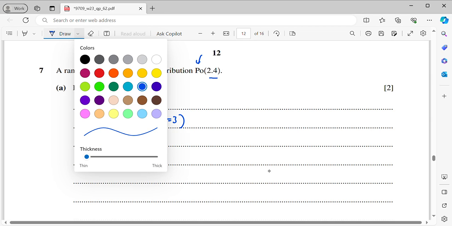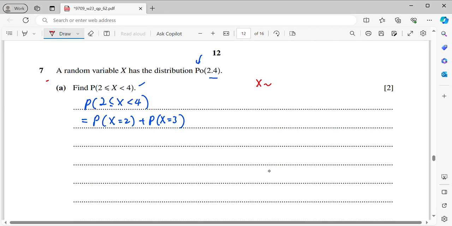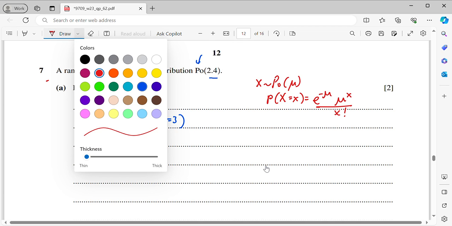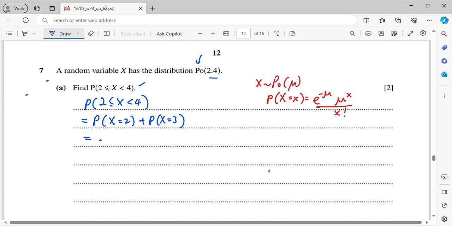Now if you still remember, when this is your Poisson distribution, the probability is e to the power of negative mu, mu to the power of x over x factorial. So then from here, I will be getting e to the power of negative 2.4. I will factorize this term because this is constant.